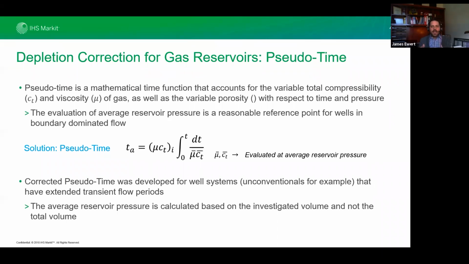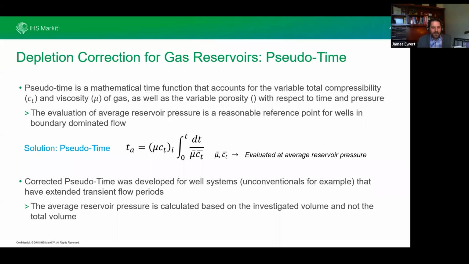And so what you'll see when you're forecasting a well with rate transient analysis, we call it a pseudo-time issue. If you're forecasting a well and you get a certain volume, and then you increase the volume of your model, you make it a bigger model, and you forecast it, and your forecast has a smaller EUR, a smaller total EUR at the end of it, that's an indication that there's a pseudo-time issue.